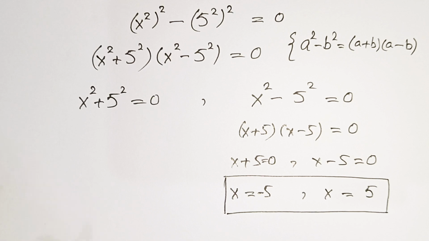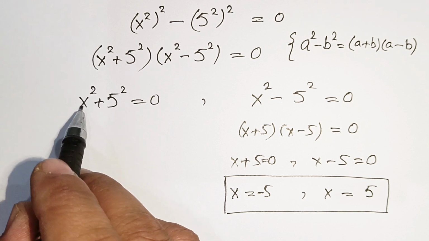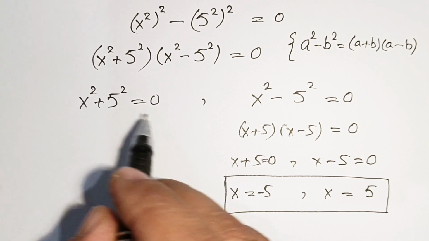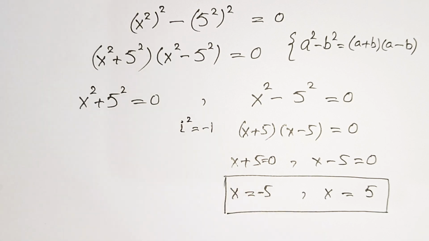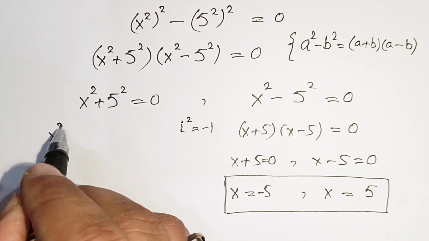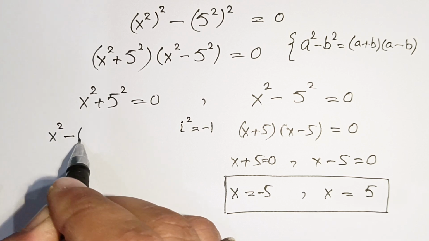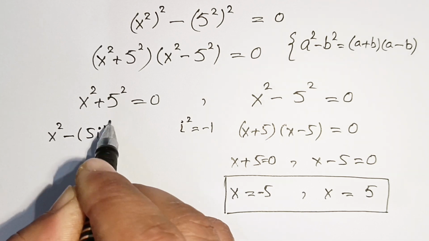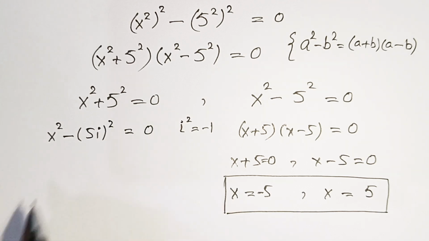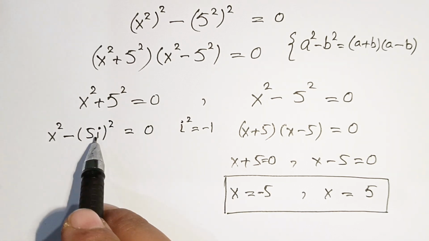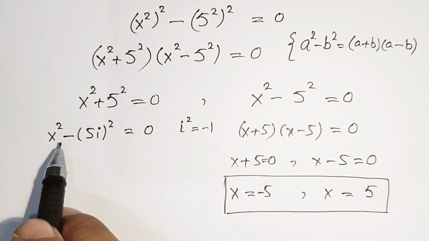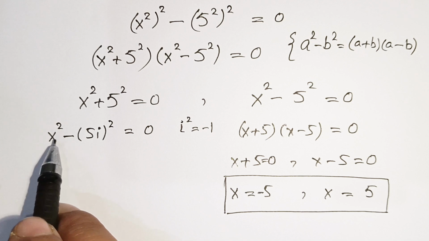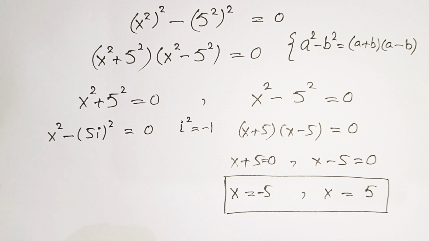Now solving this one, as we know that x squared plus 5 squared can be written using the fact that iota squared is equal to minus 1. So we just write this x squared minus 5 iota whole squared is equal to 0. Here iota squared will be minus 1, so minus 1 times minus 1 gives x squared plus 5 squared.